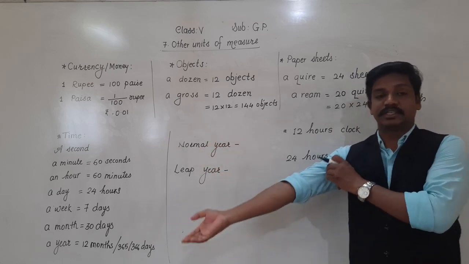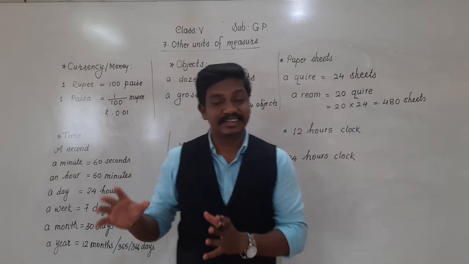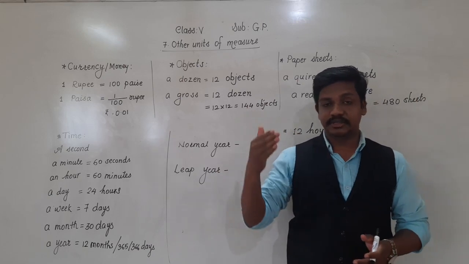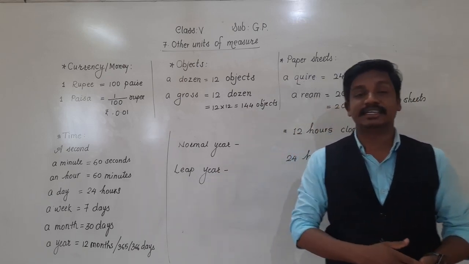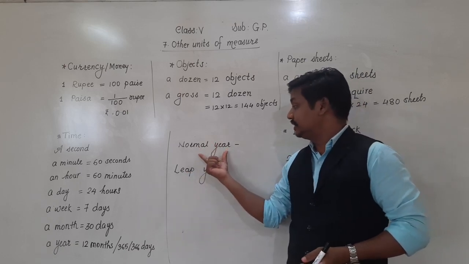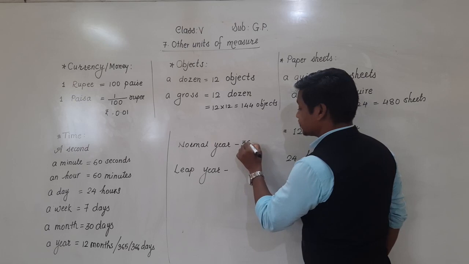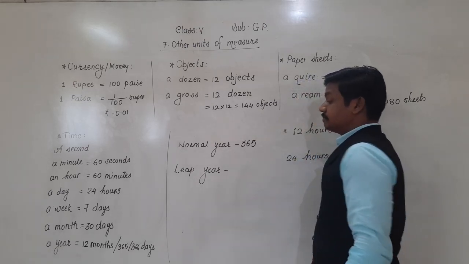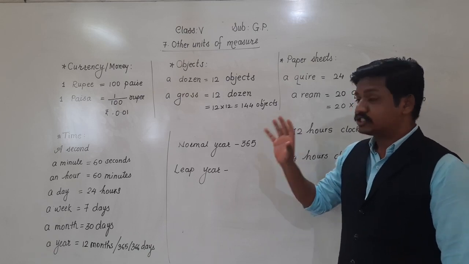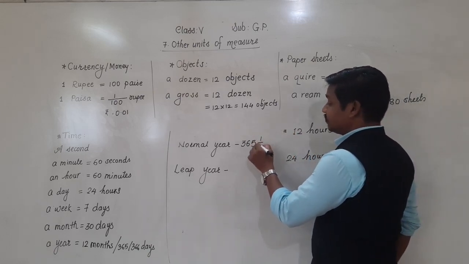Normal year: generally we use the calendar called the Gregorian calendar or English calendar. It has 12 months, January, February, March, till December. In that, a normal year has 365 days. But actually every year has 365 and 1/4 days.